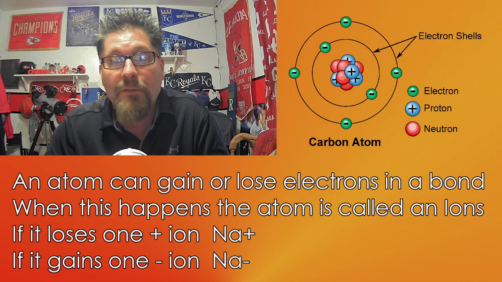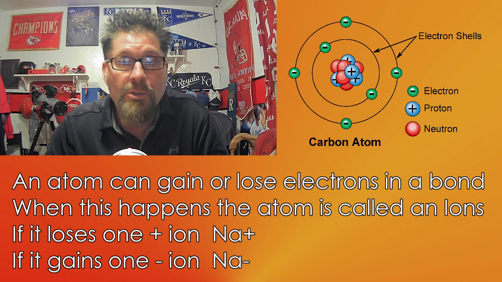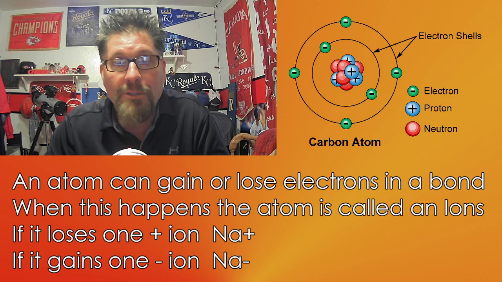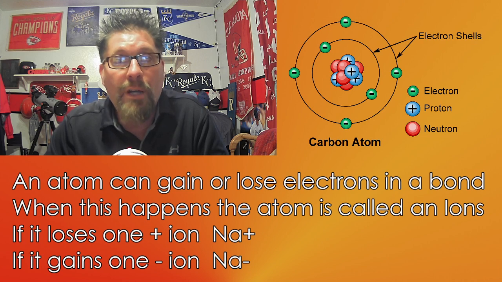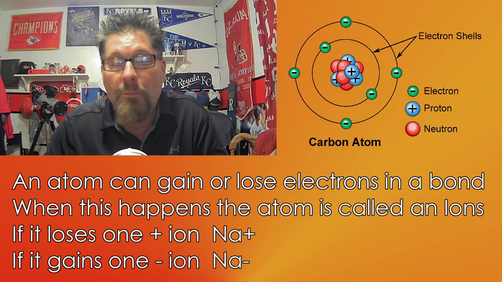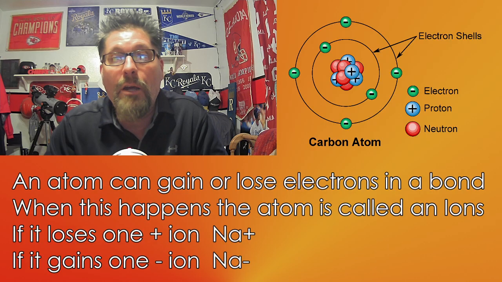If it is a positive ion, it has lost an electron and therefore has more protons than electrons and more positives than negatives, and therefore it's a positive atom. If it gains an electron, then now it has more negative electrons than positive protons, and it's called a negative ion, and its symbol, as you can see on the screen, would be Na negative, or if it lost an electron, then Na positive.